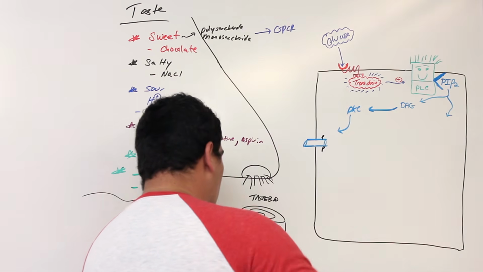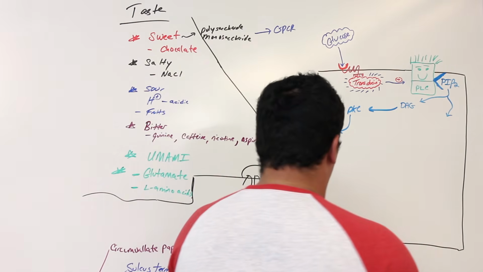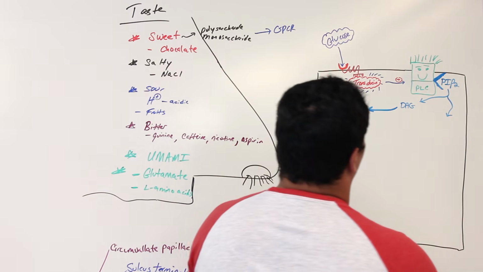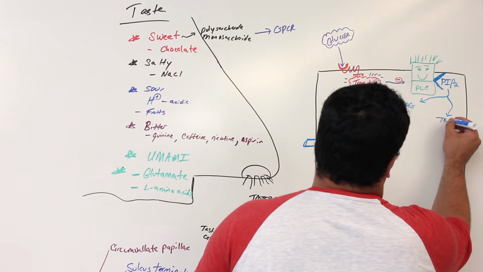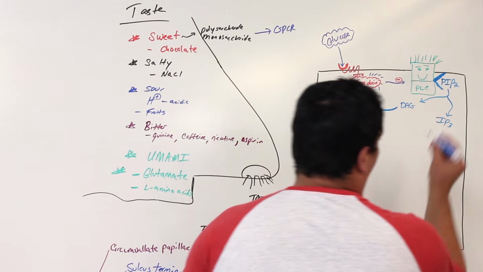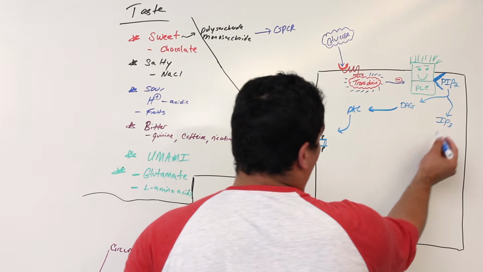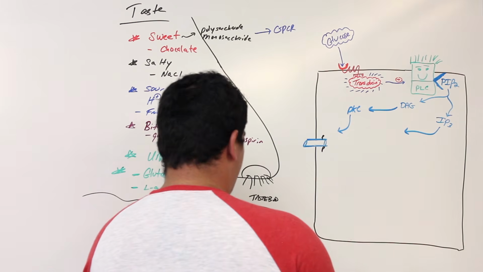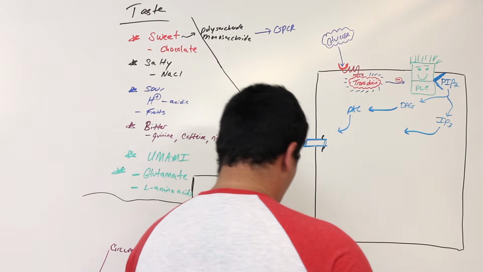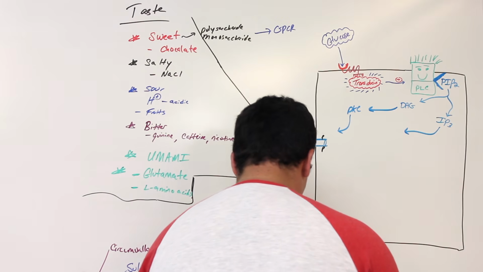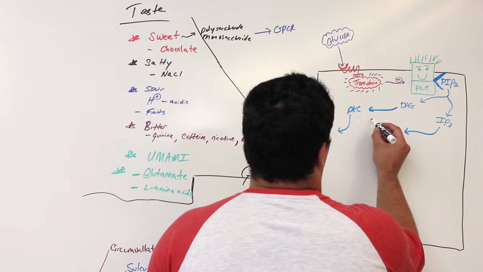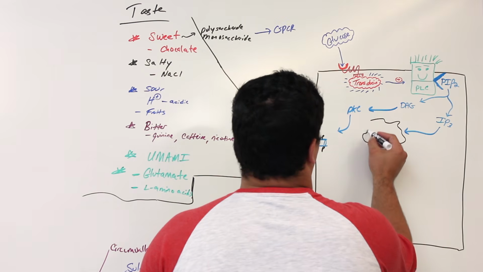But the more powerful effect is going to be the other molecule. The other molecule is going to be IP3, which is inositol triphosphate. DAG is diacylglycerol. IP3 will come to a specific part inside of the cell. And this cell is going to have an organelle here. Let's say I draw the organelle like this.